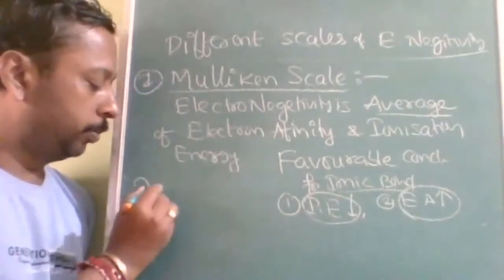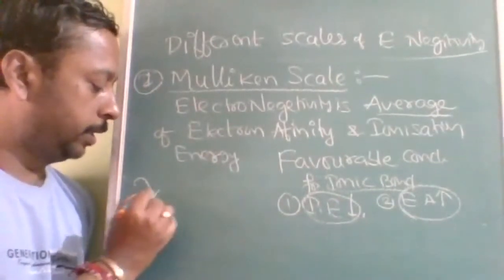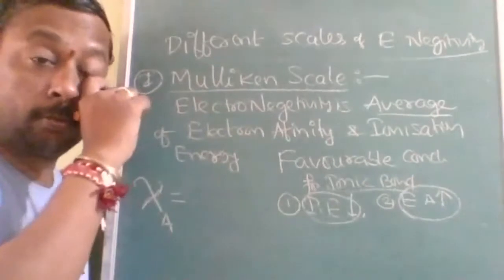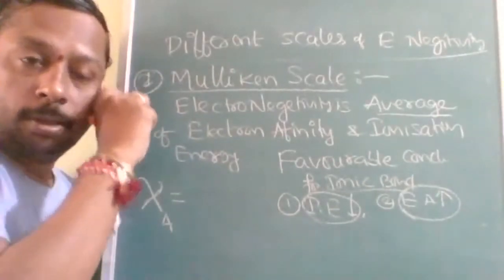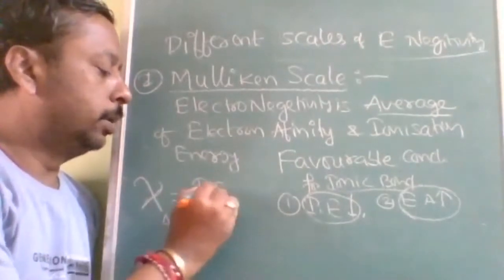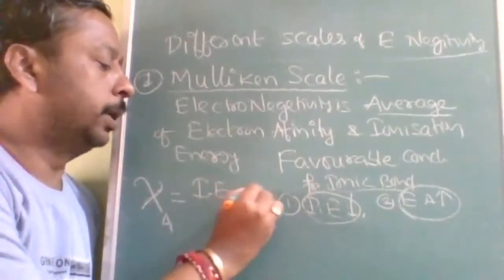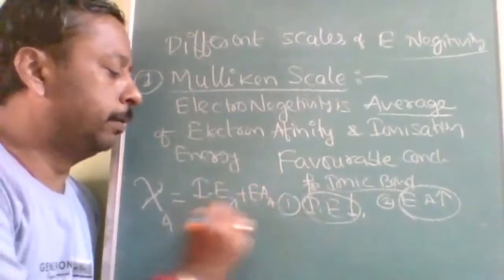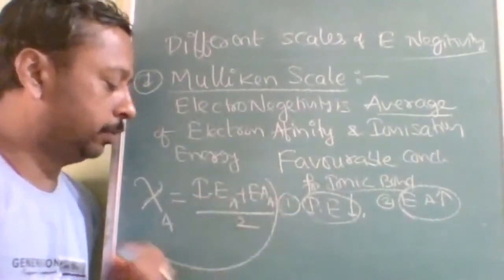The electronegativity of A, zeta A, is equal to the ionization energy of A plus the electron affinity of A, divided by 2. Average means this one.